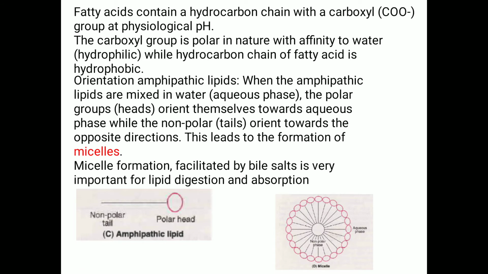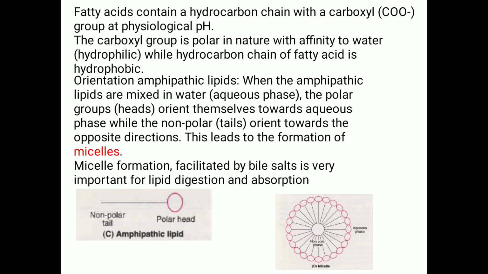Next, fatty acids contain a hydrocarbon chain with a carboxyl group at physiological pH. The carboxyl group is polar in nature with affinity to water, that is hydrophilic, while the hydrocarbon chain of the fatty acid is hydrophobic. Next, orientation of amphipathic lipids.